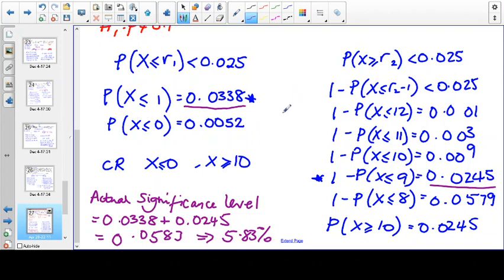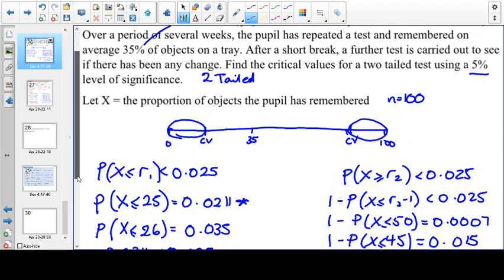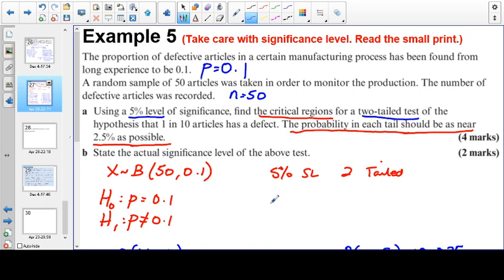Okay, so just be careful with the small print. Sometimes, if you're looking for both regions and it doesn't say anything, then you look for the two that go below 0.025, like I did in that question. Otherwise, look for specific information.